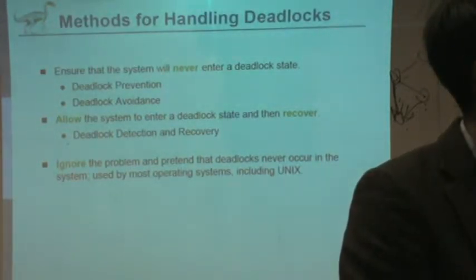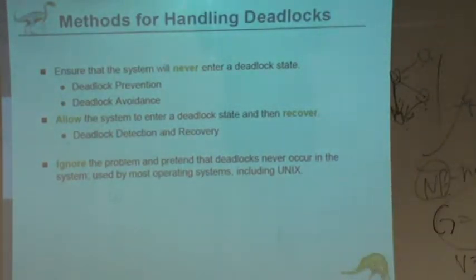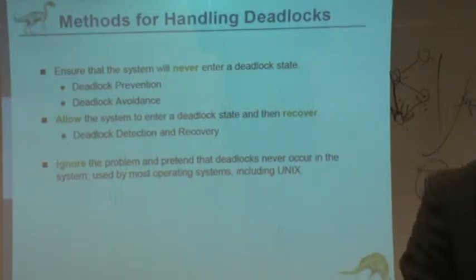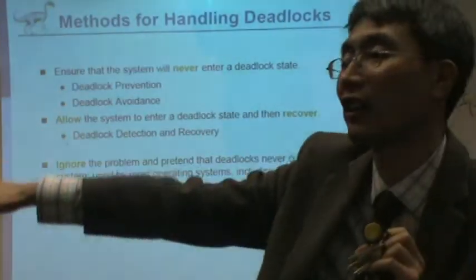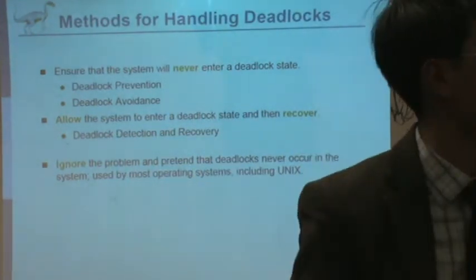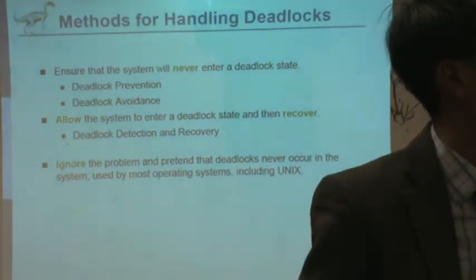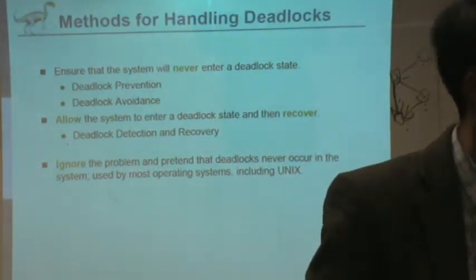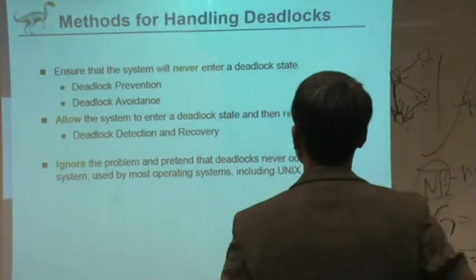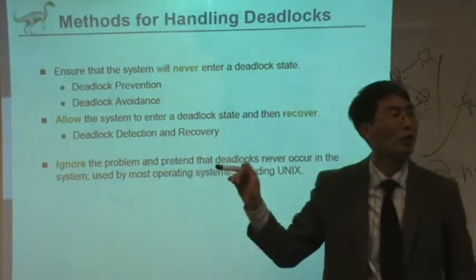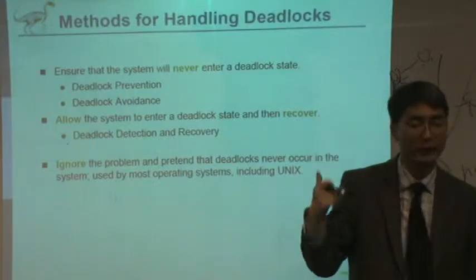What is the detection? With detection, you allow the request. So he is asking for this resource. Then sometimes, periodically, your operating system checks whether there exists a deadlock in the current state. But if it exists, then what does it do? Then it does something called recovery. We will see how to recover.